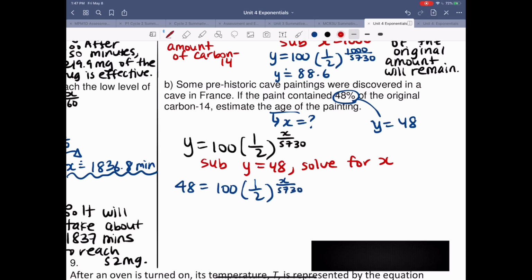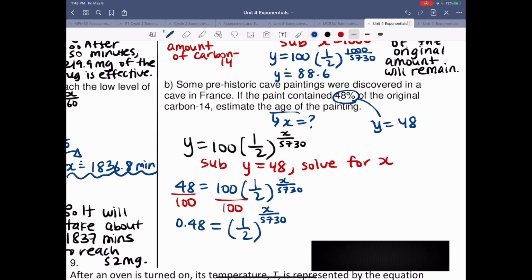So I'm going to basically do BEDMAS backwards so I can get the base by itself. So I'm going to divide by 100 on both sides. I am going to get 0.48, the exact value, is equal to a half with an exponent of x over 5,730.